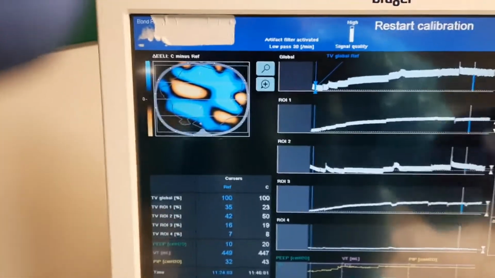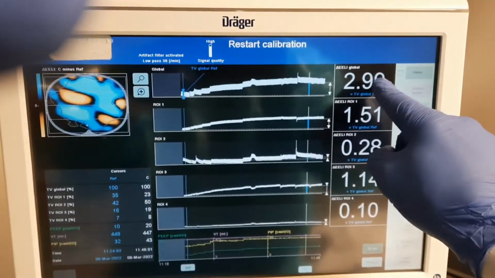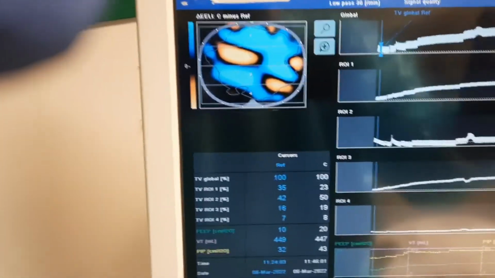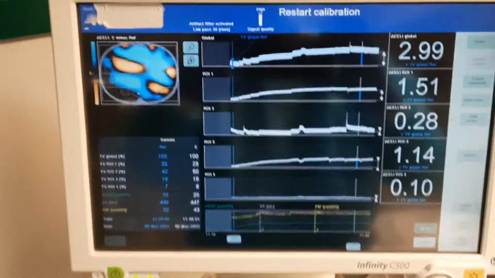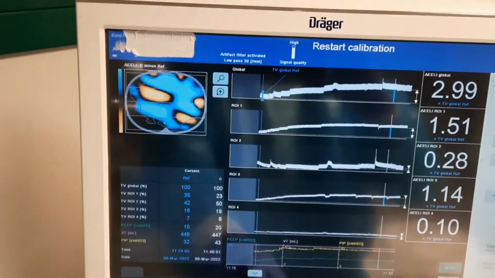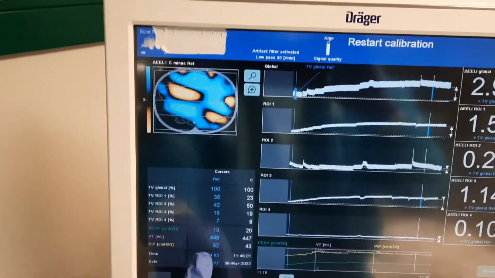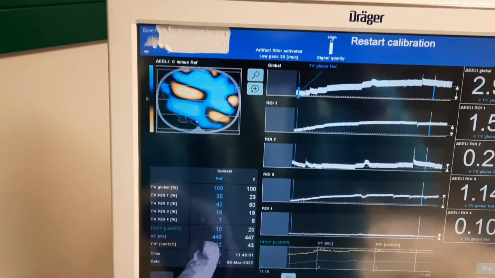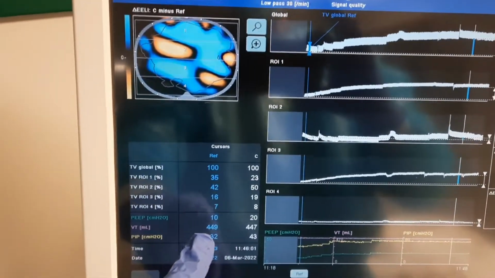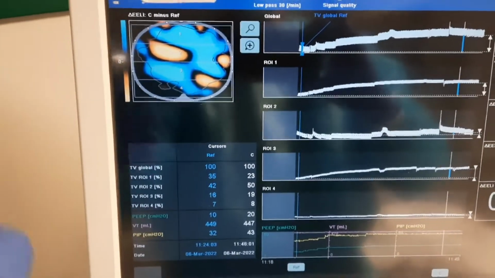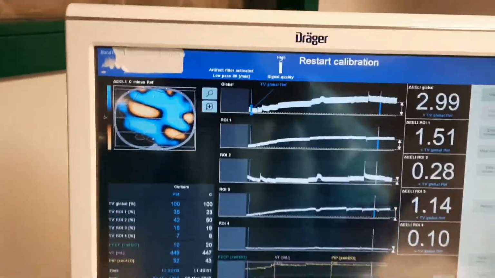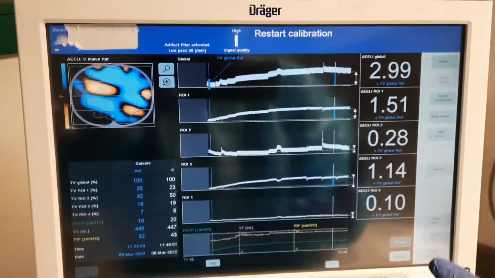You multiply the 2.99 times your reference tidal volume, and that shows you globally how much more volume is kept in the lung residually, comparing the PEEP of 10 to PEEP of 20. So you can imagine 4, if it was 1 up here, there would be an increase of 450. So it's 4, 8, 12. So we literally have about 1.3 liters of more air at the end of expiration.